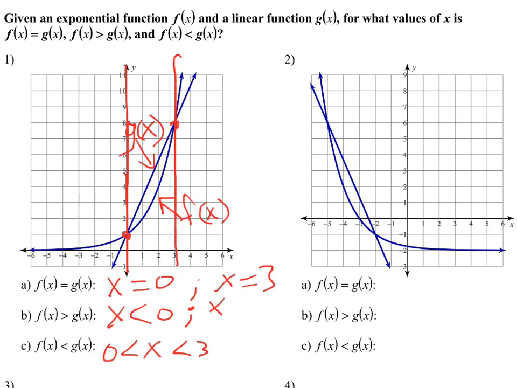And then the last part, over here on the right side, the exponential one's up above. So that's where x is greater than 3, to the right of that vertical line there. So those are all the answers there.